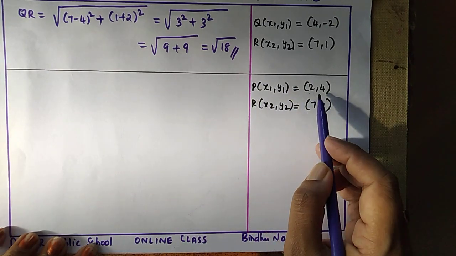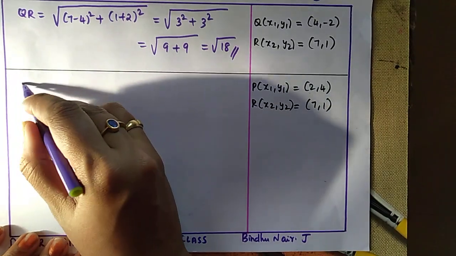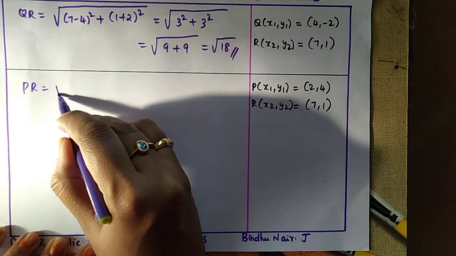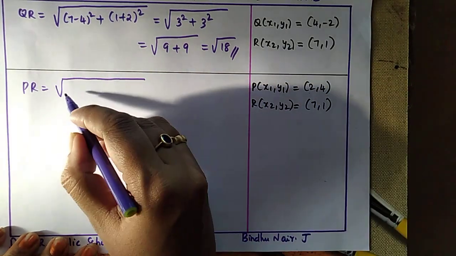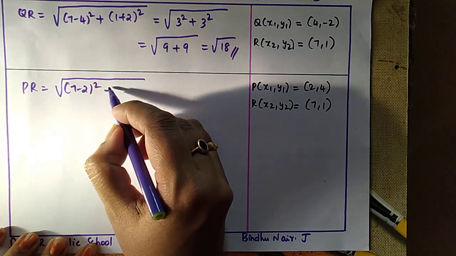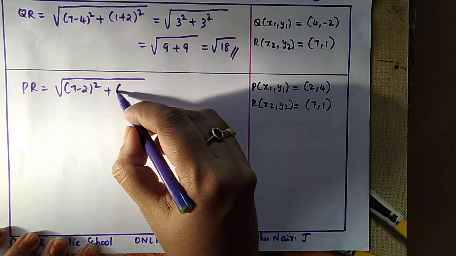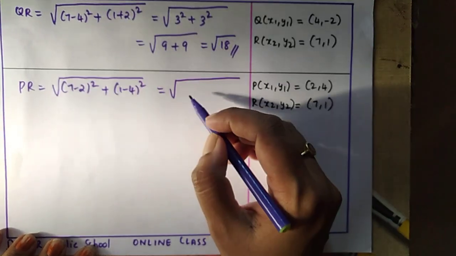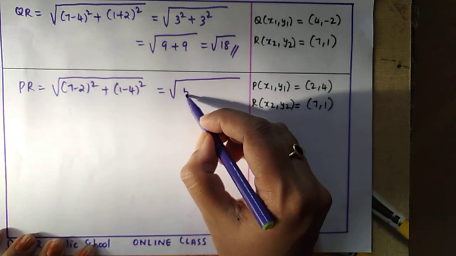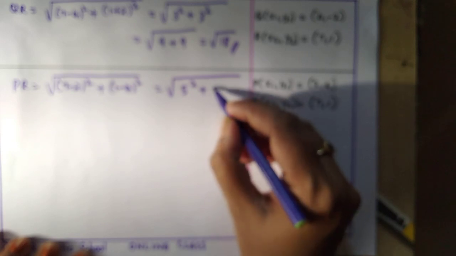P is our x1, y1, 2, 4 and R is our x2, y2, 7, 1. So we can find out PR equal to root of, again formula, 7 minus 2 the whole square plus y2 is 1, so 1 minus 4 the whole square. What is 7 minus 2? 5. 5 square. 1 minus 4 is minus 3, so minus 3 the whole square.